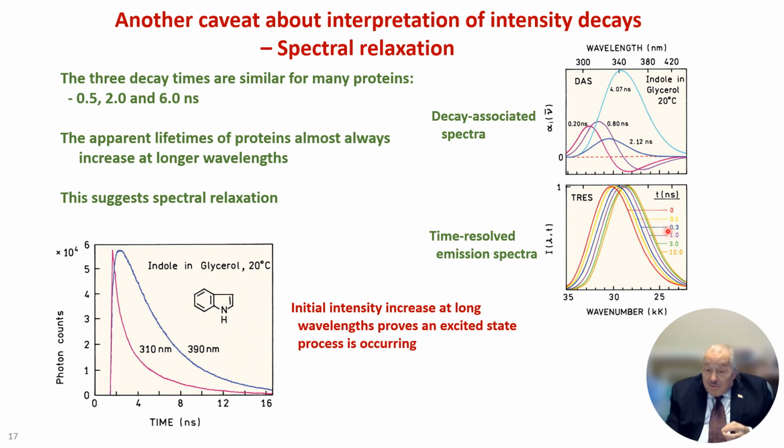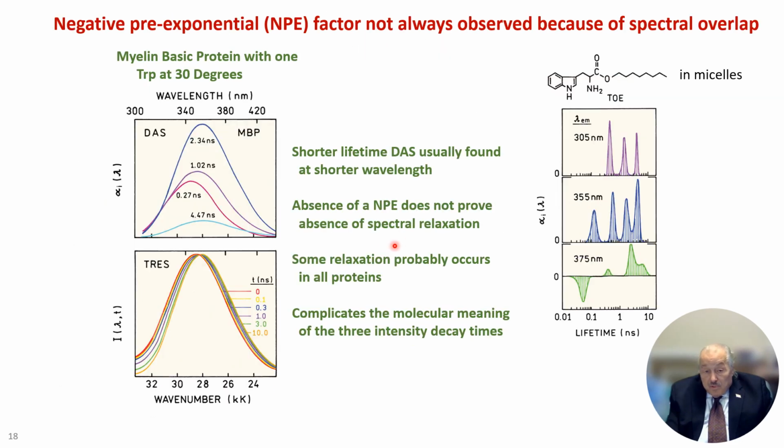And then you get out to longer times and you don't see that any longer. So there's no doubt that indole in viscous solutions can undergo spectral relaxation, and a viscous solution to me seems like the interior of a protein. So I feel like spectral relaxation can be contributing to all the triple exponential decays.